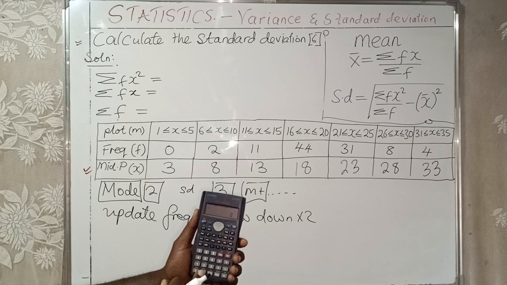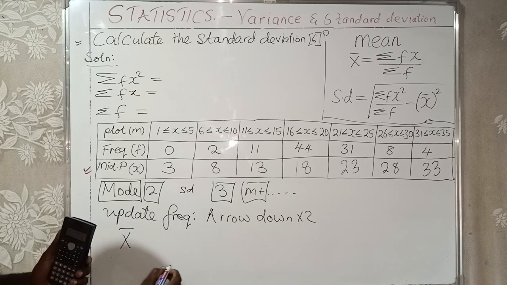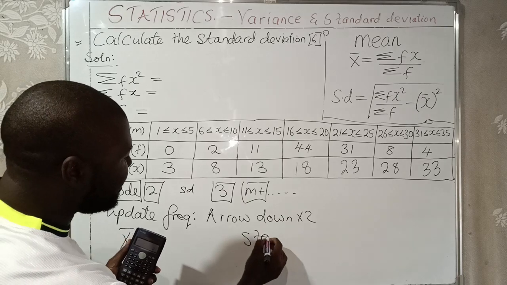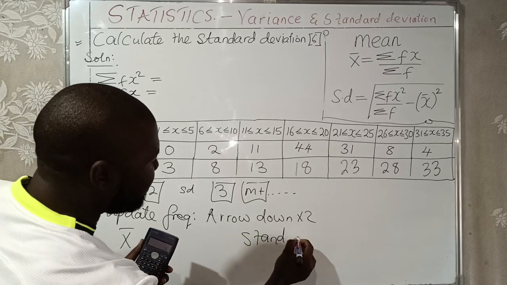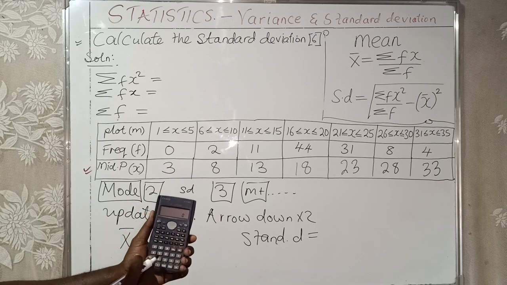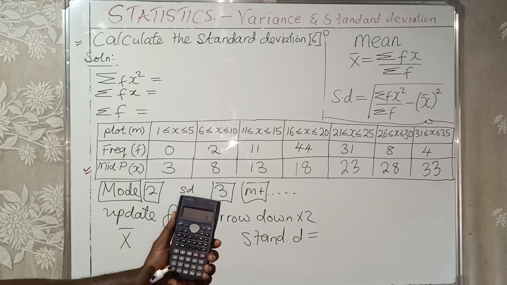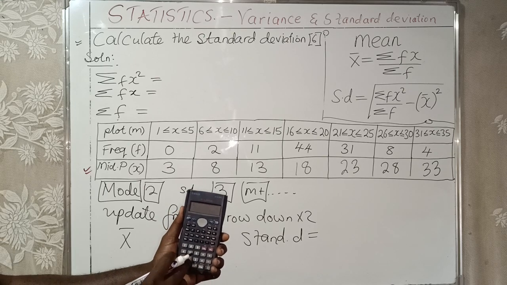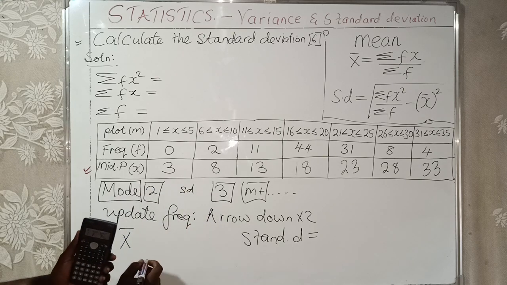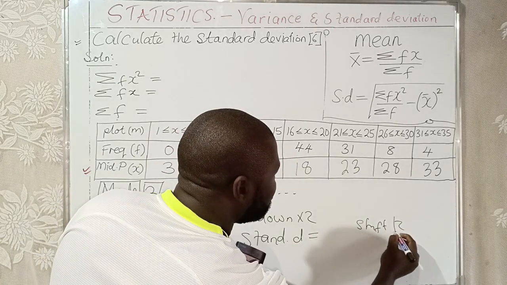Now, getting the mean and the standard deviation, all we need to say is shift 2.